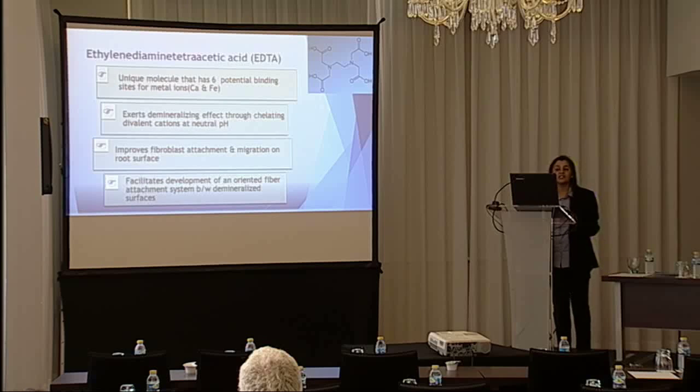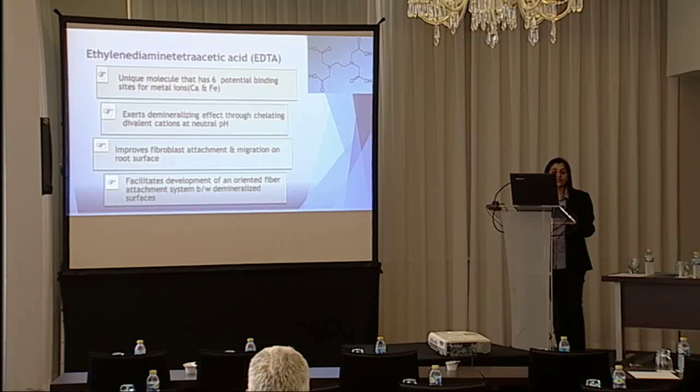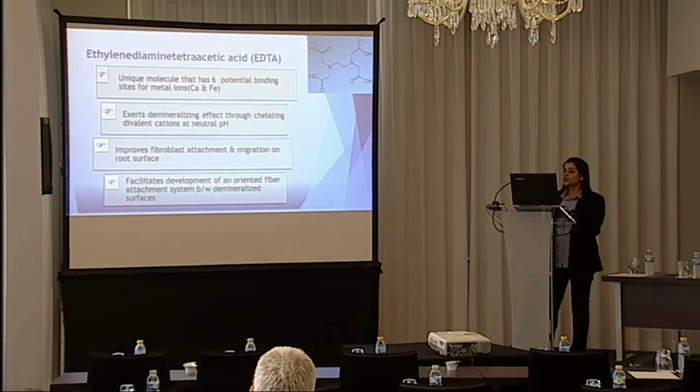Another important chelating agent with a demineralizing effect is ethylene diamine tetraacetic acid, also called EDTA. It's a unique molecule that has 6 potential binding sites for metal ions, especially calcium and iron. It exerts a demineralizing effect through chelating divalent cations at a neutral pH. It improves fibroblast attachment and migration on the root surface, which is important for periodontal regeneration, and also facilitates development of a fiber attachment system.